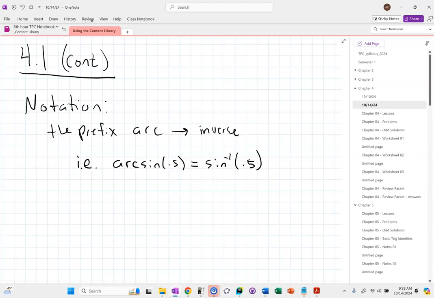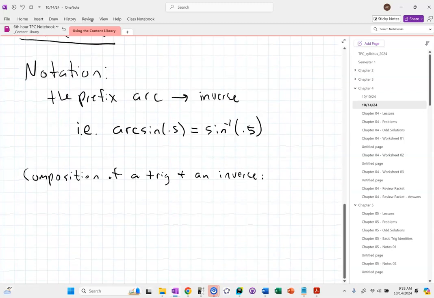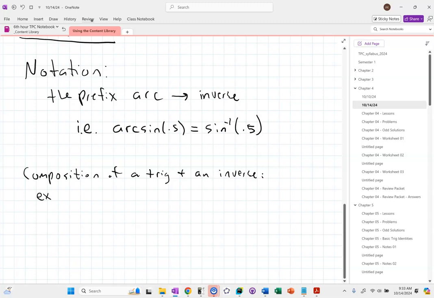So the next thing I want to talk about is how we deal with an example where we have a composition, a function inside of a function, where one of the functions is a regular trig function and the other is an inverse.